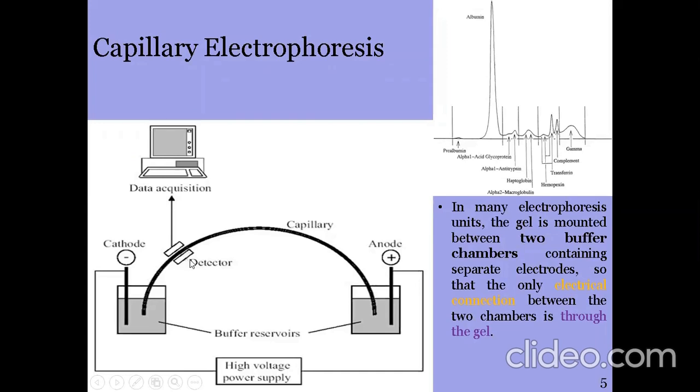And the capillary has a detector, and the protein or the charged molecule will move through the capillary gel, the tube gel. And this is through isoelectric focusing. We will be talking about this in detail later on. So these are the bands, the peaks of the separation, and the proteins are separated at different levels. Don't you worry about that.